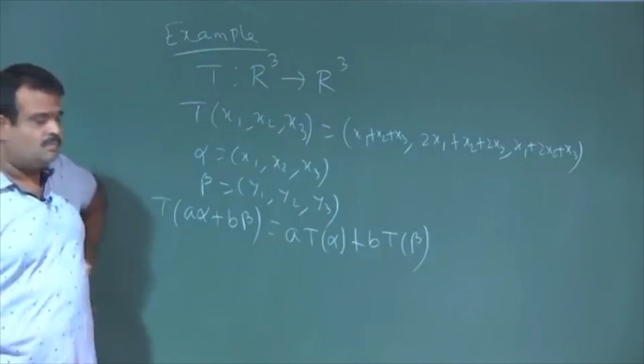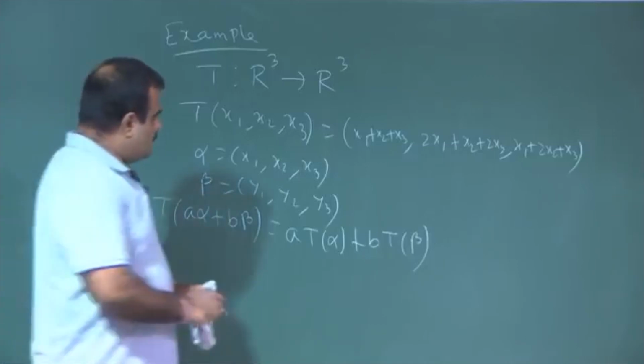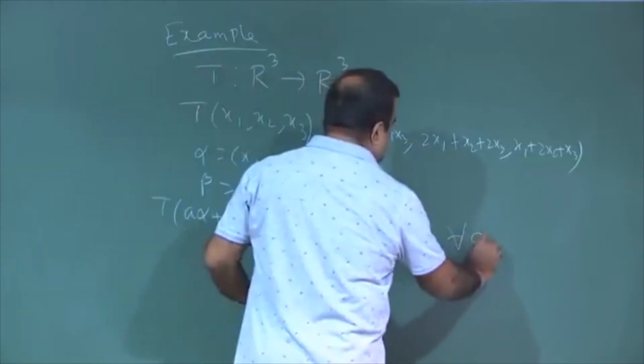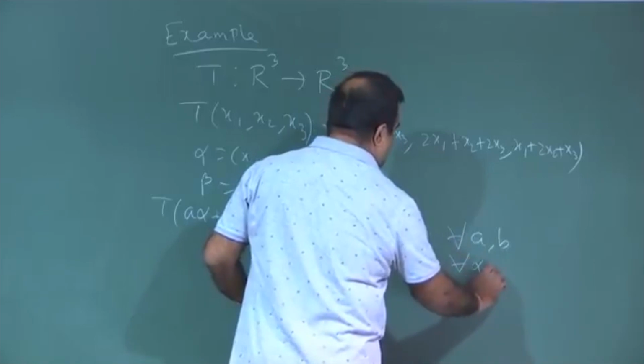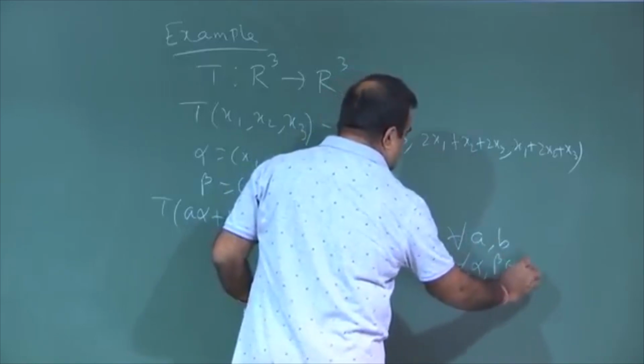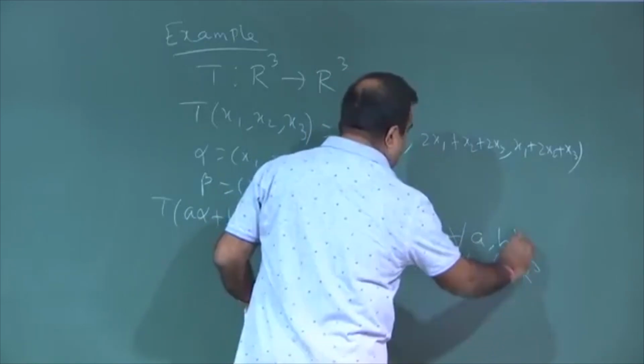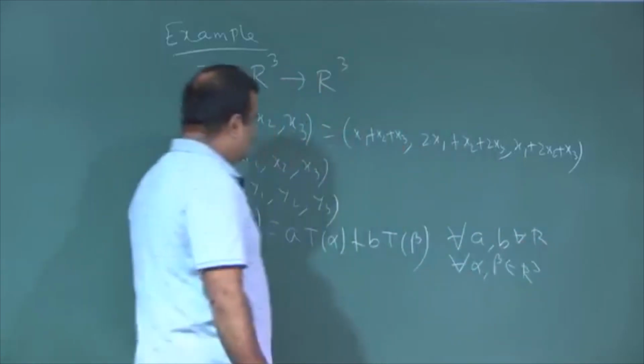If we can prove this for all A, B and for all alpha, beta from R3, then we are done.